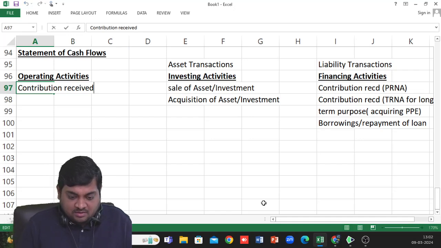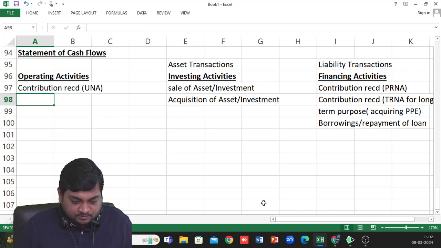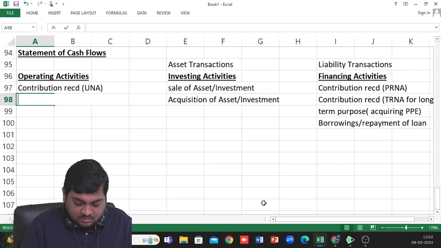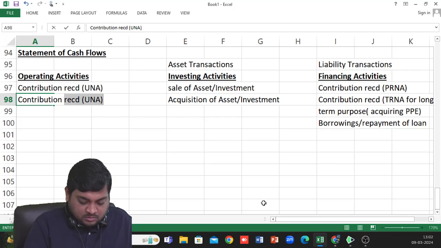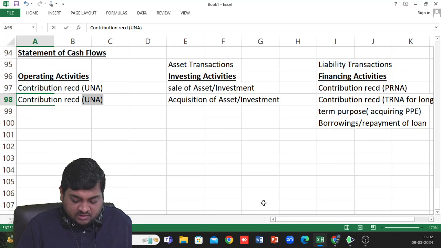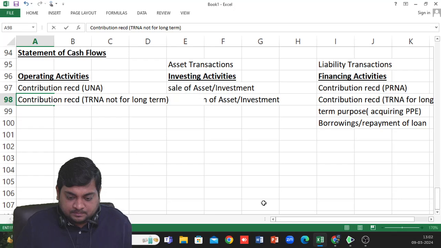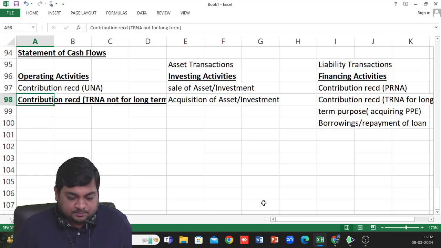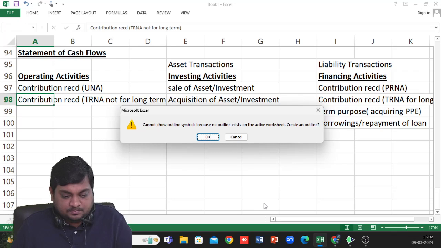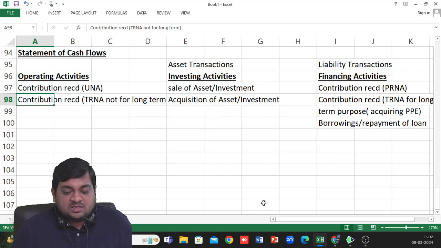So we have contribution received UNA, we have contribution received TRNA not for long term. This is not for long term.